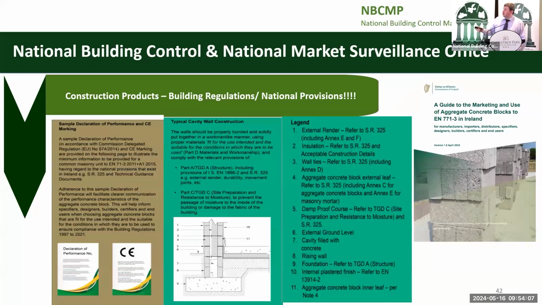So the Construction Products Regulation and the provisions for external renders are found there in Annex C and F, insulations, acceptable construction details, the wall ties, aggregates for the blocks, the damp-proof course, and all that detail. And you'll find that Part C implements a lot of these requirements. We all think the blocks are Part A, the structure, but it's as much to do with Part C of the building regulations, even more important than Part A, you know.